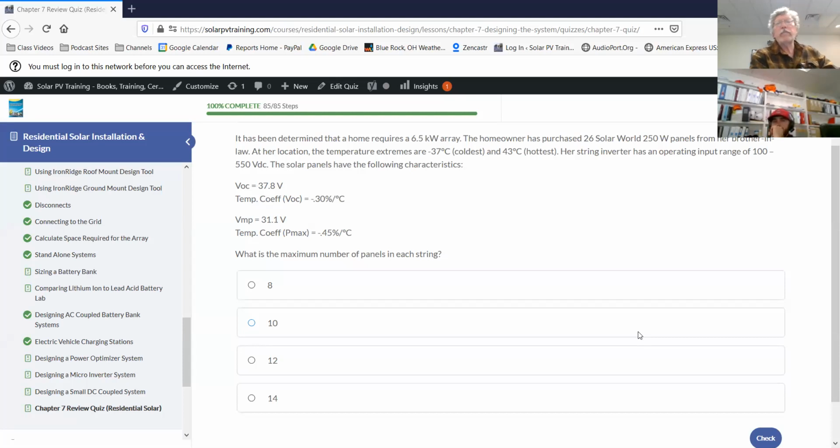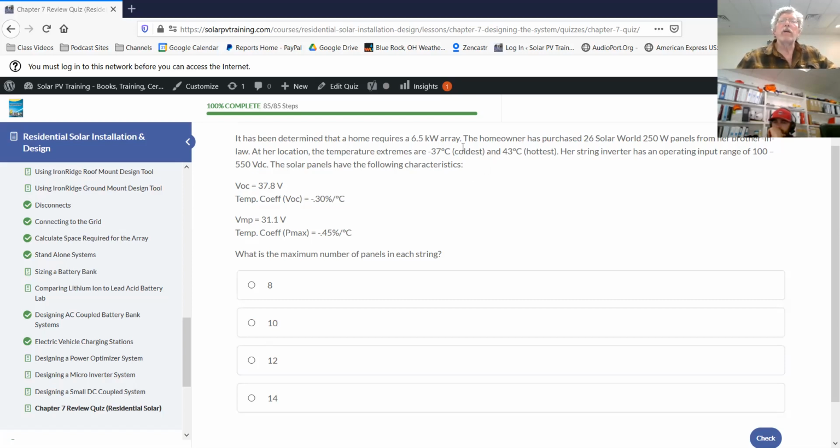Conceptually, we know that this panel will generate 37.8 volts maximum, the VOC, which is considered the maximum voltage the panel could produce under standard test conditions.